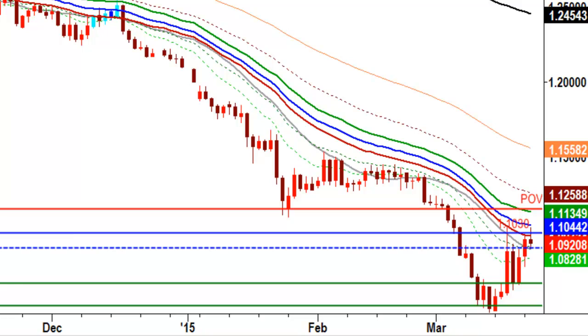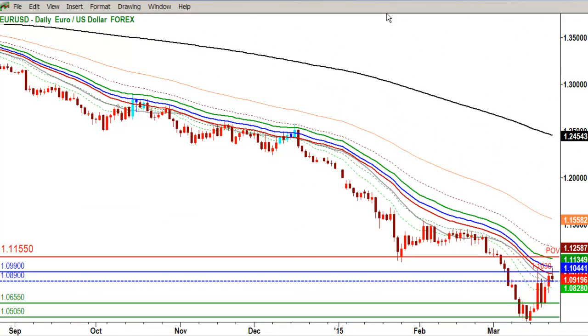This pair fires on both cylinders. Dollar strength helps propel this pair lower, while the euro itself becomes weaker when the US dollar is strong, so dollar strength only helps feed the downtrend here.